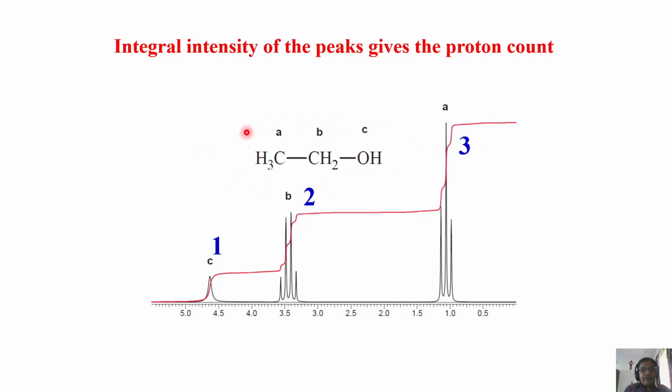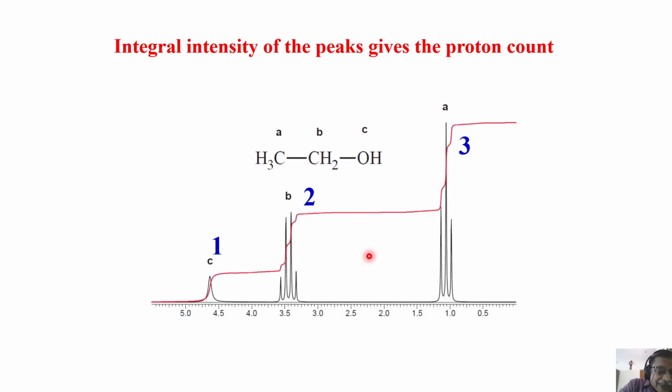But look at the number of protons in each of these groups. The CH3 group has 3 protons. Intensity is 3. This is CH2. It has 2 protons. Intensity is 2. This is one proton, intensity is 1. That means if I take the integral area of the peaks corresponding to each of these groups, what will the area tell you?